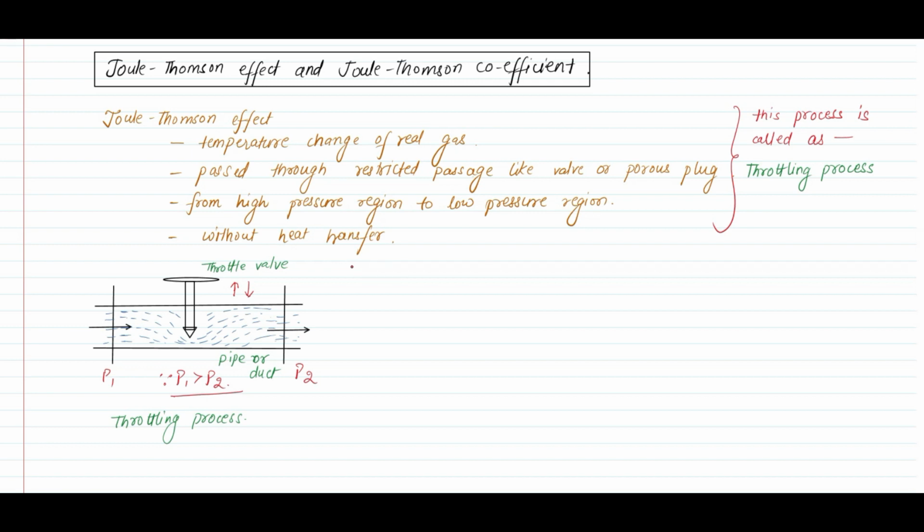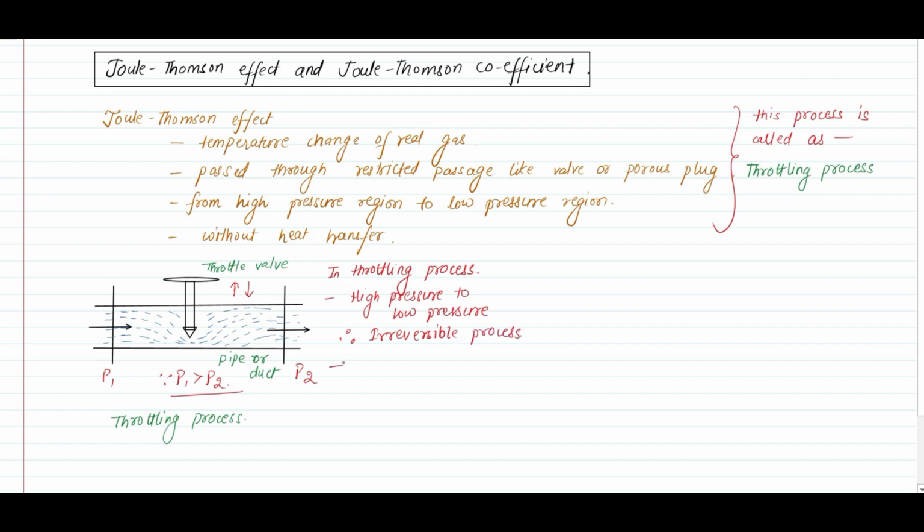Now coming to some points regarding throttling process, recalling the characteristics of throttling. In throttling process, fluid always moves from high pressure region to low pressure region because of the restriction in the path. So we can say throttling process is an irreversible process.